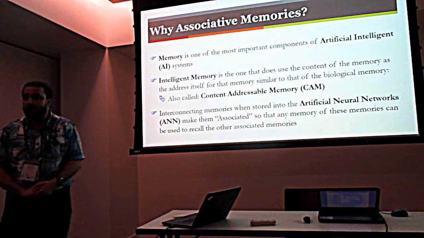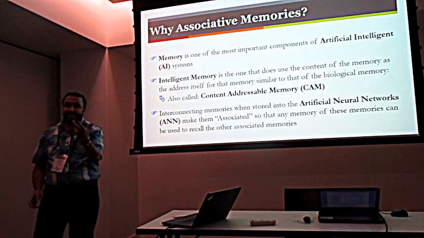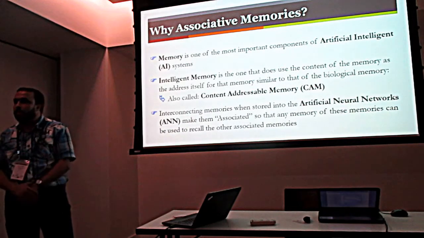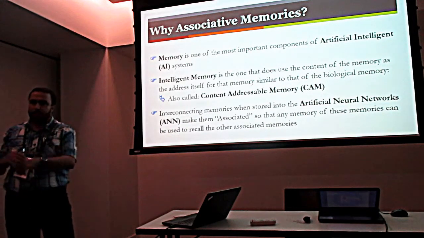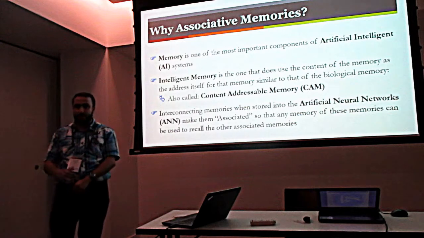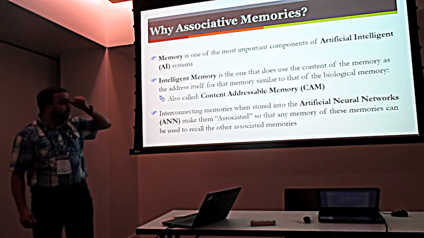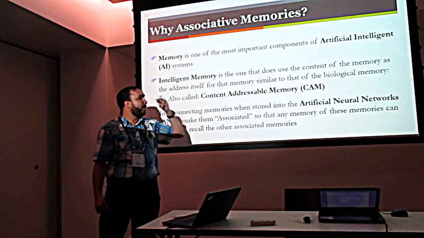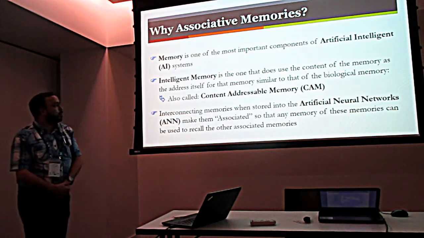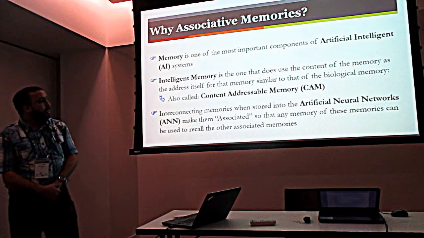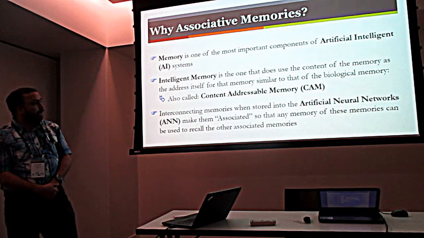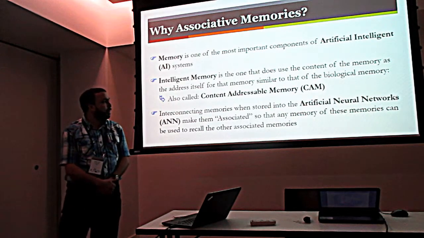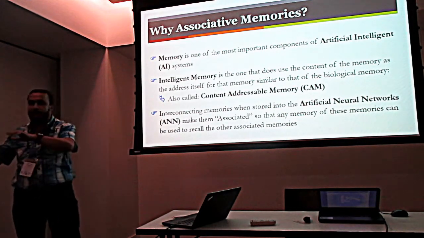A memory that is intelligent is a memory that takes the content itself as an address, not like we do it in the computers, where we give a number for certain information, which is the address. So intelligent memory is the memory that is content addressable memory, CAM. For those in neural networks, they know that. It's a well-known thing. It's been a while in literature, but I just want to address that to show you where I am really working.